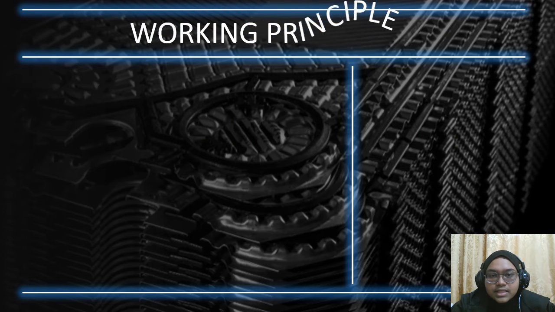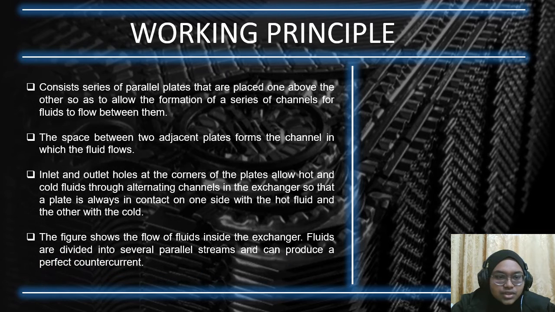First, the working principle of this plate and frame heat exchanger: it consists of a series of parallel plates placed one above the other, so as to allow the formation of a series of channels for fluid to flow between them.